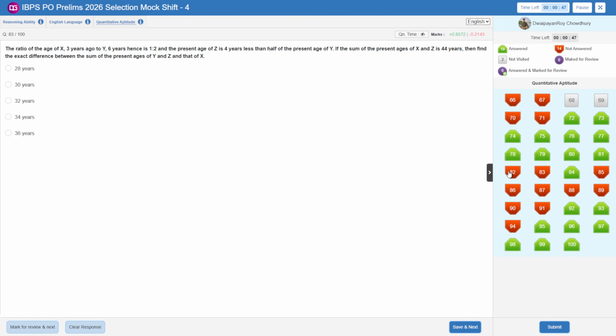The percentage of x is z is 4 years less than half of the present age of y. Okay, so y minus 2z is equal to 4. If the sum of the percentage of x and z is 44, then find the difference between the sum of the percentage of y plus z minus x.